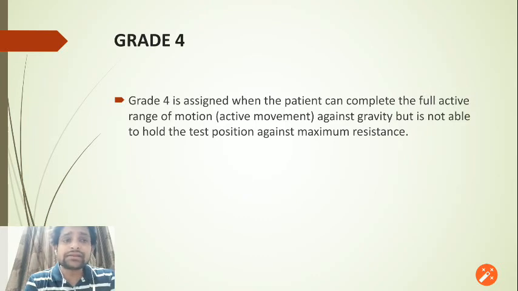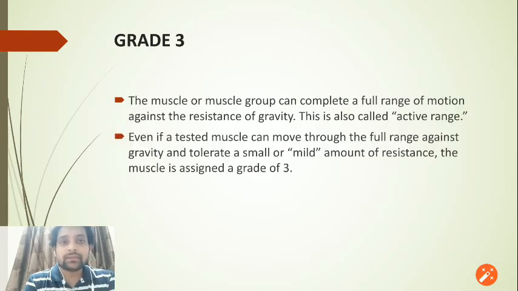the submaximal resistance. In grade 3 the muscle or muscle group can complete a full range of motion against the resistance of gravity. See here, in grade 3 the patient is able to complete the range of motion against gravity, but there is no resistance applied by the therapist, and this is also called the active range because it's done by the patient.